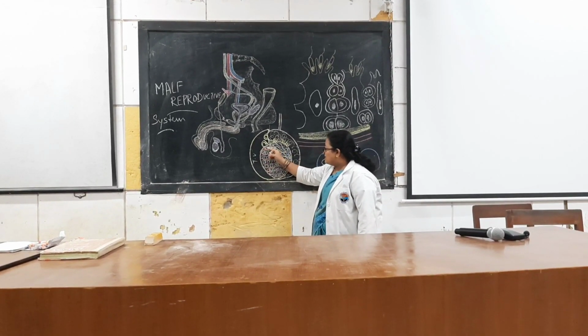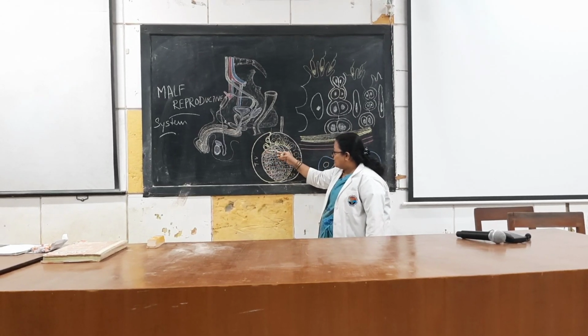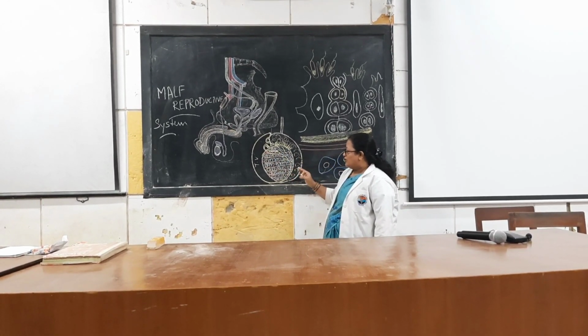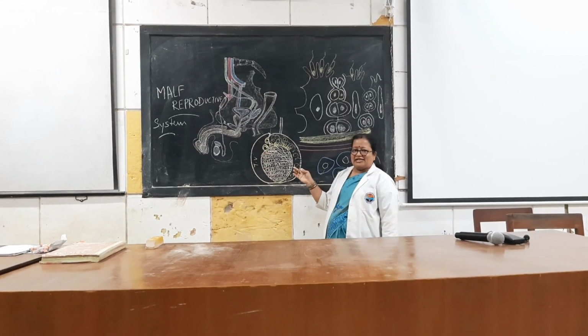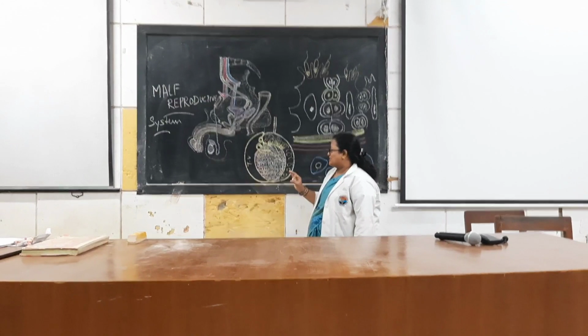So in each testis there are approximately 600 to 800 seminiferous tubules.